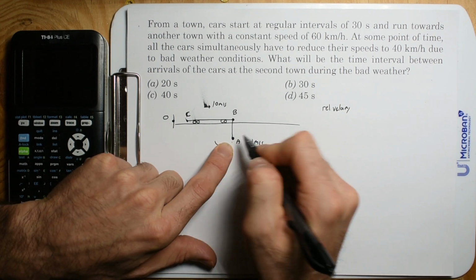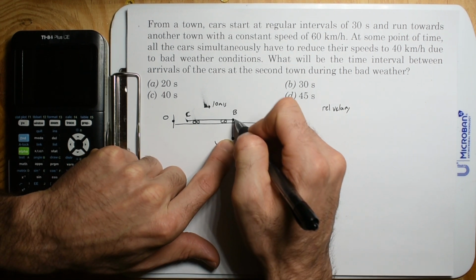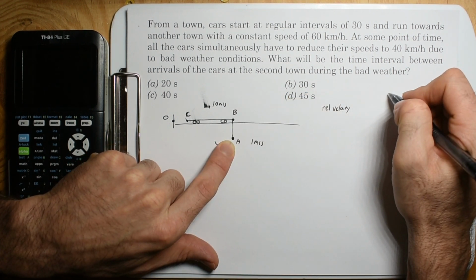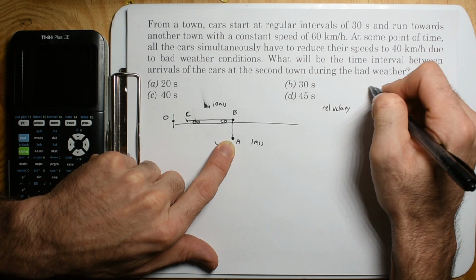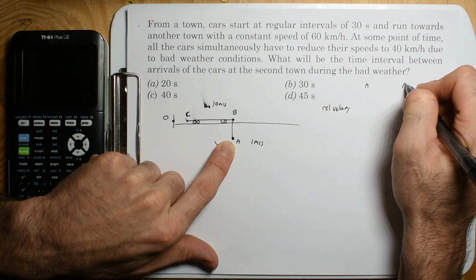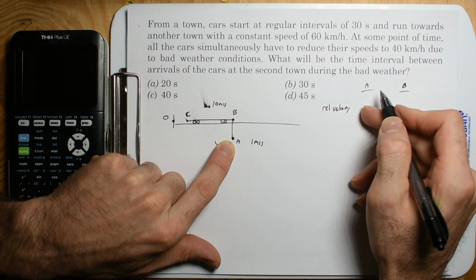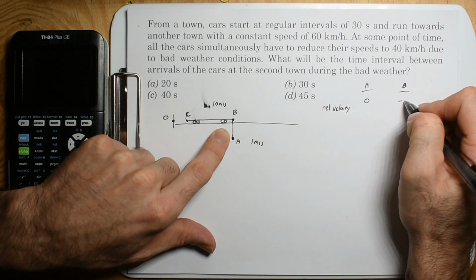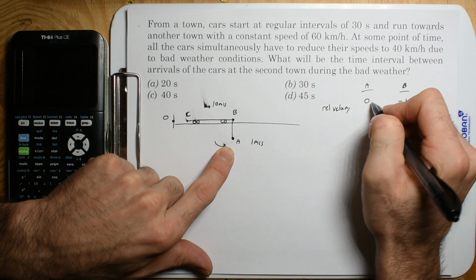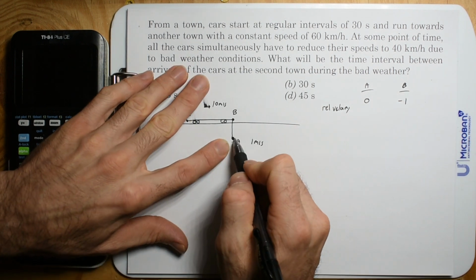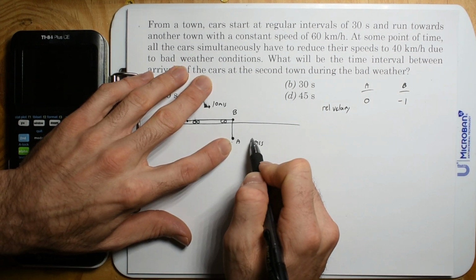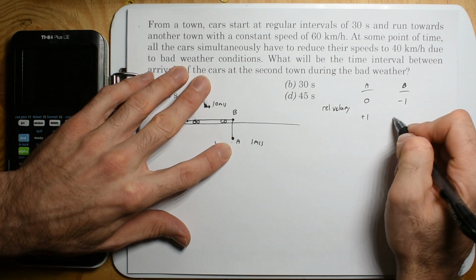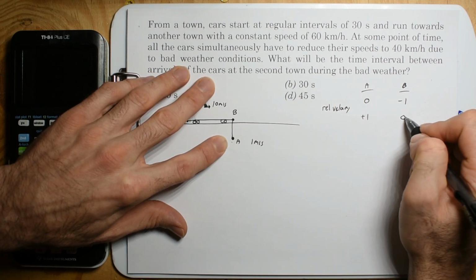But we could say that if you're at A, it looks like B is moving backwards. So let's see, we're going to call this A and this is B. I could say it looks like A is moving 0, but B is moving negative 1. And then also I could say that A is going positive 1 meter per second and B is stationary.